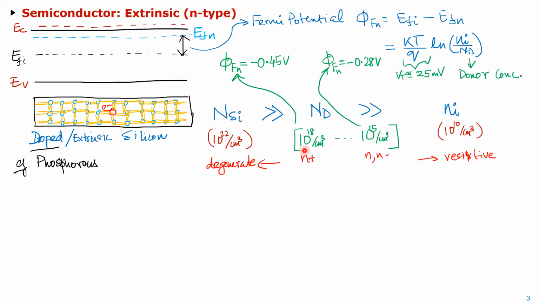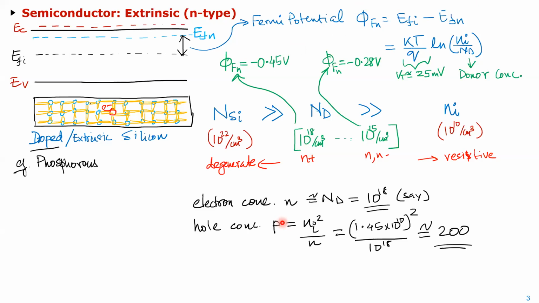Okay, and so that's how you do N type. For P type, obviously, and oh, the last thing I wanted to say is that once you dope it, the electron concentration is pretty close to the dopant concentration. So for example, let's say you have doped it with 10 to the power 18 phosphorus atoms per centimeter cube, then that's how many electrons you're going to get at room temperature, pretty close to that.